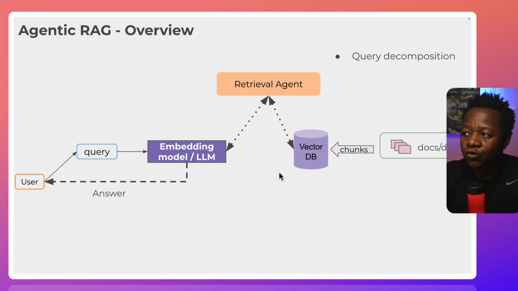The first responsibility is query decomposition, which means it's able to take this question that it received from the user and create smaller or different categorized questions, so that those questions are actually going to go through the vector database, retrieve the correct information that's needed, and pass that along to the large language model to get the response.